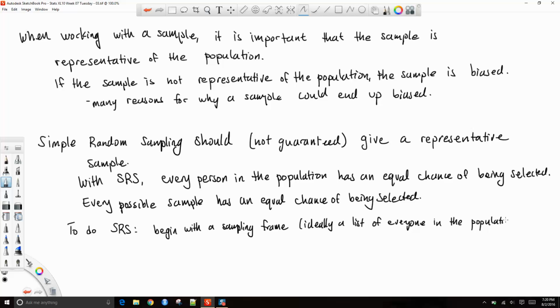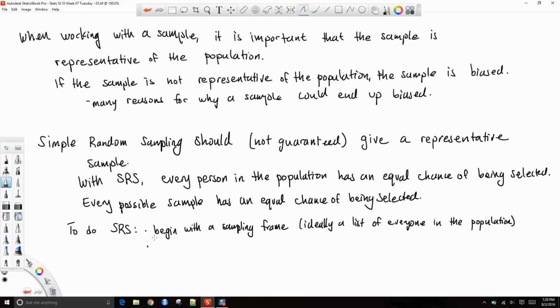Okay, and getting a list of everyone in the population is often very difficult to do. If I said perform a simple random sample of the people of Los Angeles, you would need a list of every single person in Los Angeles, and that's almost impossible to do.